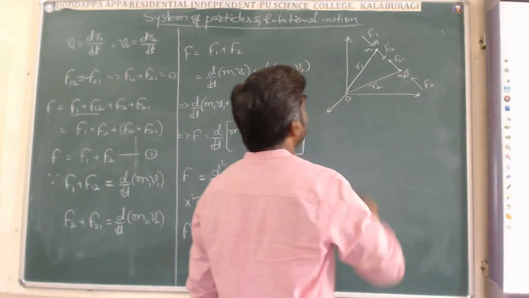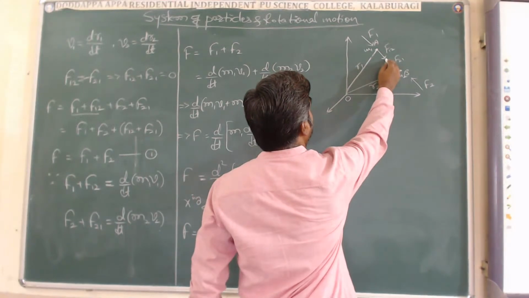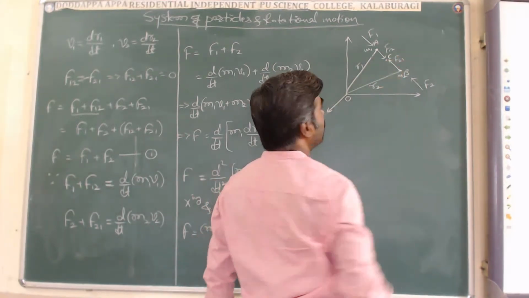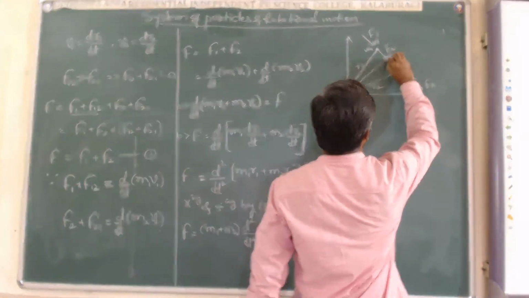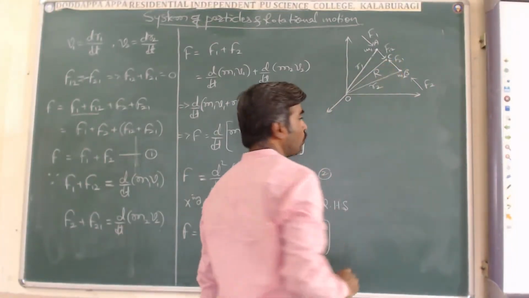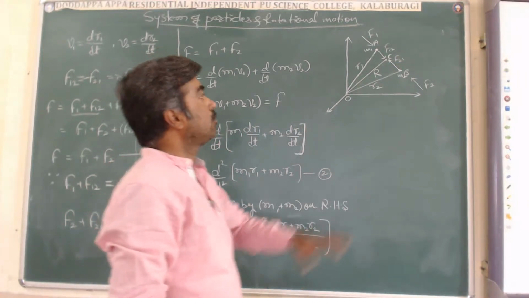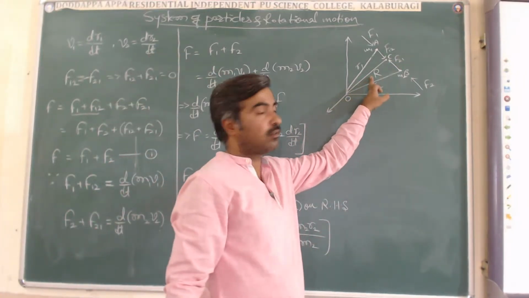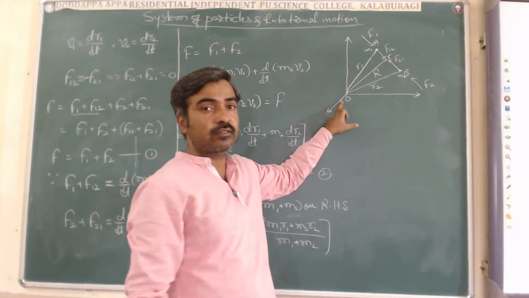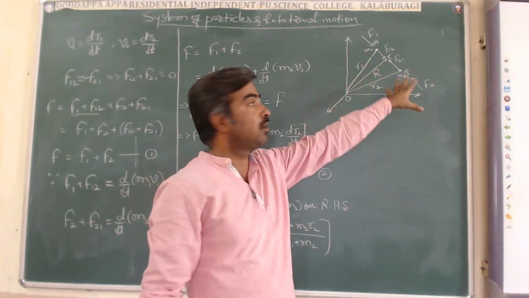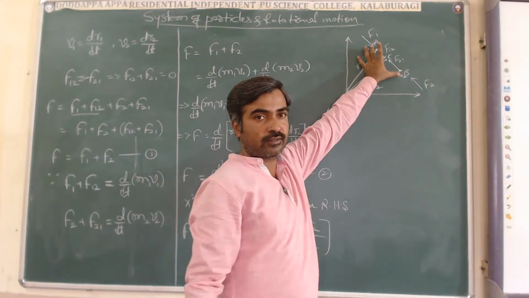So let's consider in this entire system a point C in between, at a distance of r, where this radius vector or position vector r at point C, with respect to the origin, is considered to be the center of mass of these two particles.